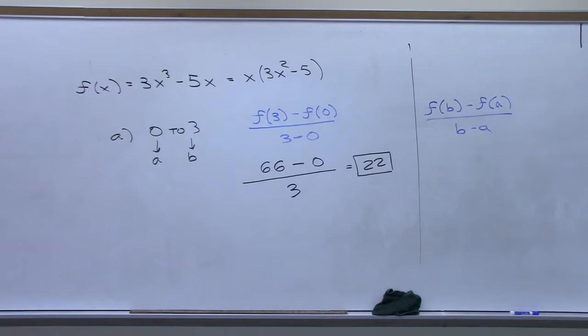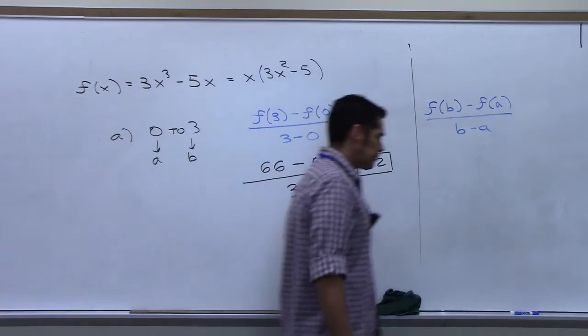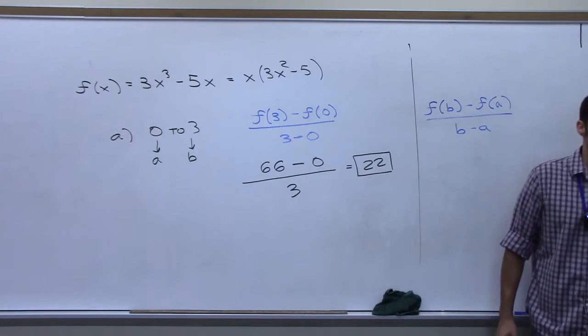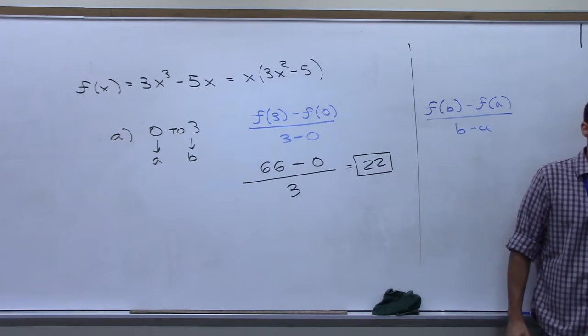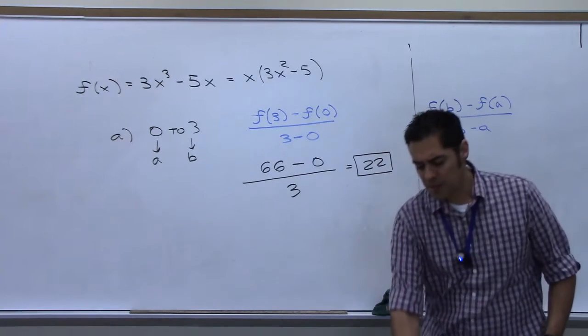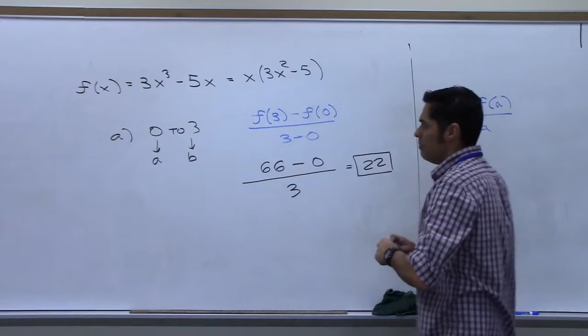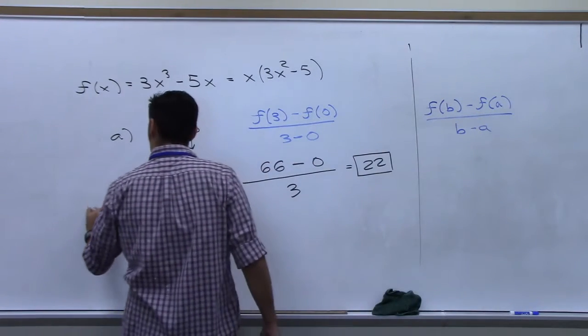Yep. A is going to always be the number to the left on a number line. And that last example, C, I'm just going to make a note about this.